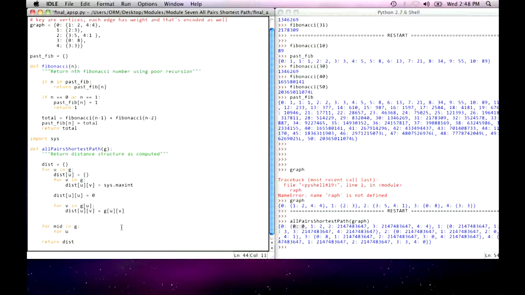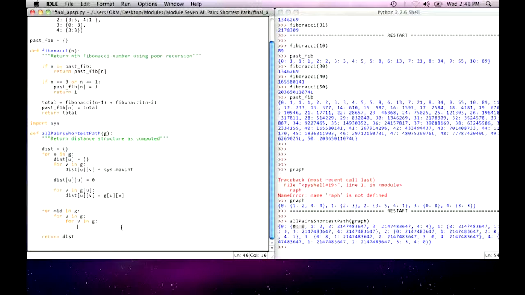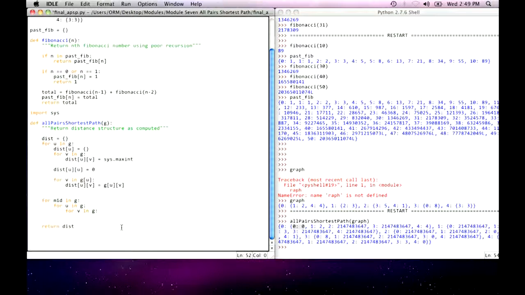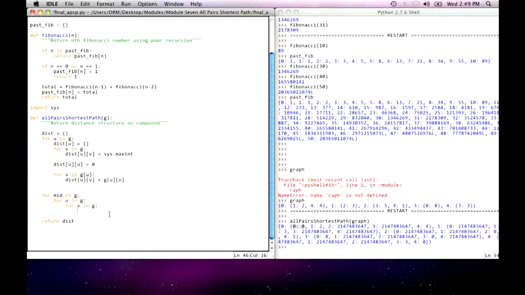And I'm going to go for every vertex u in G, and then for every vertex v in G. This is the classical triply nested structure that we've seen. For each of these three, the midpoint, the new vertex that I'm trying to add to the mix, as well as the original u and v that I'm trying to determine the shortest distance between, I need to compute the new len.